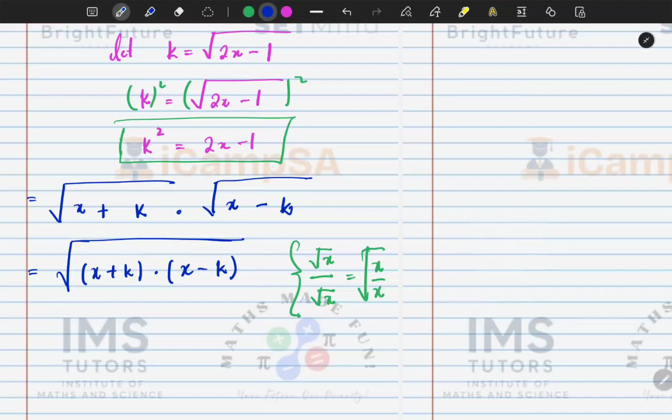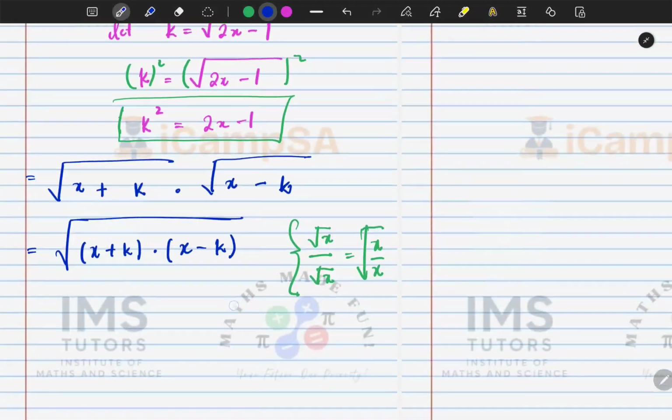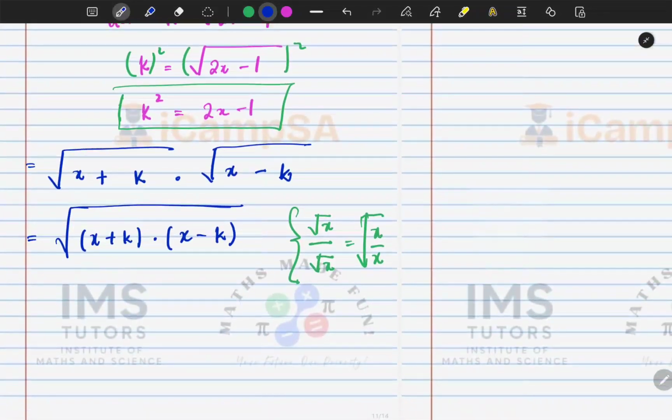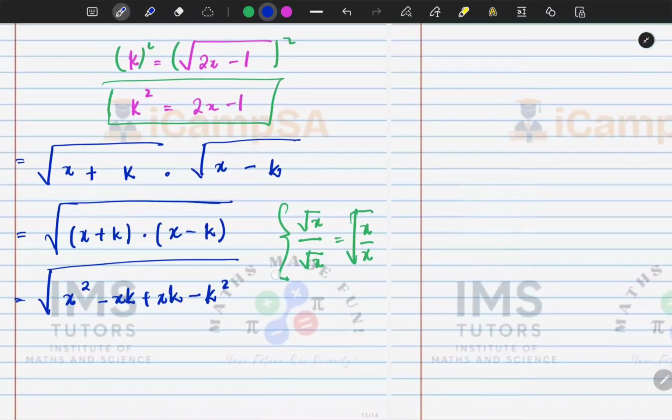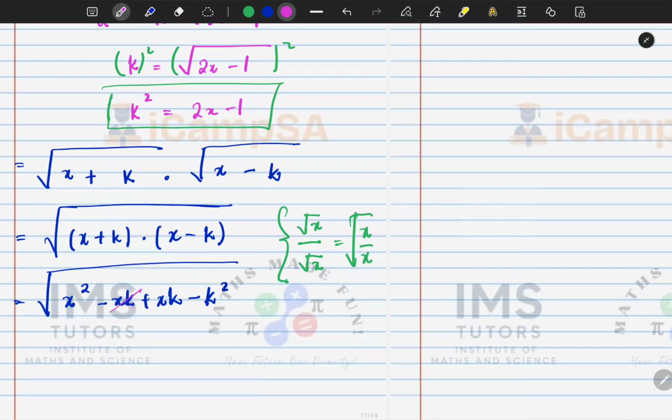So now we are going to solve what is in the bracket. We are going to have x squared minus xk, plus xk, minus k squared. This and that will cancel, and we are left with x squared minus k squared.